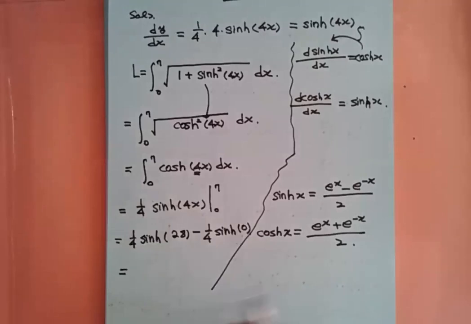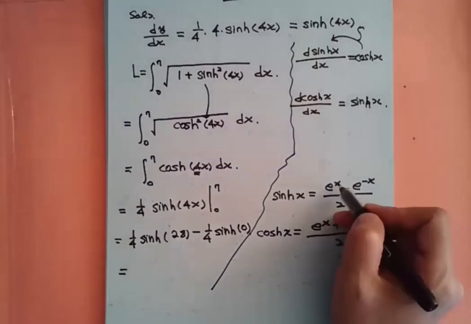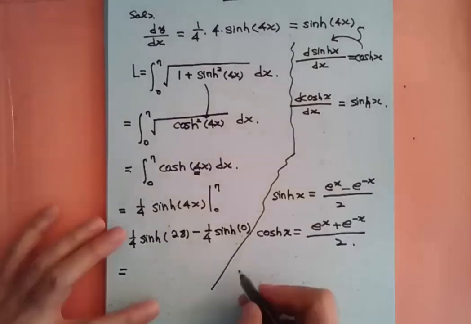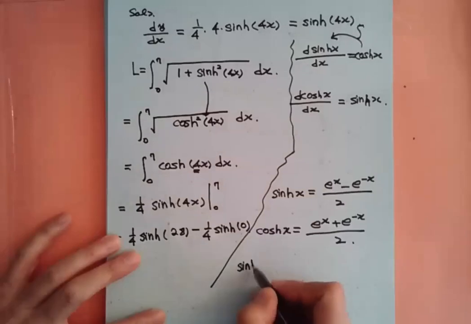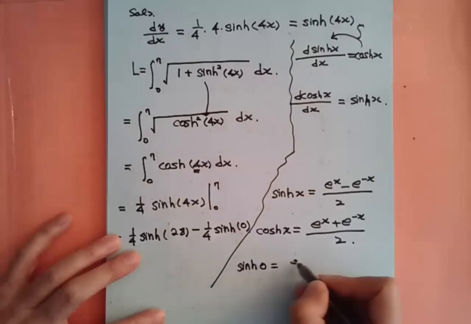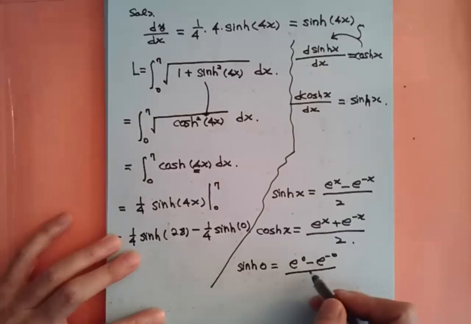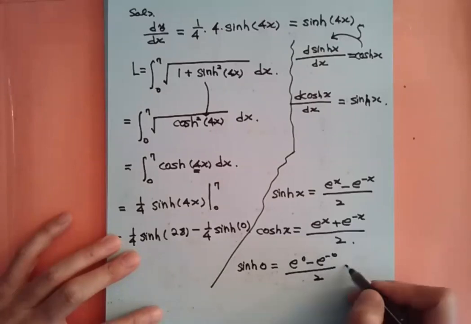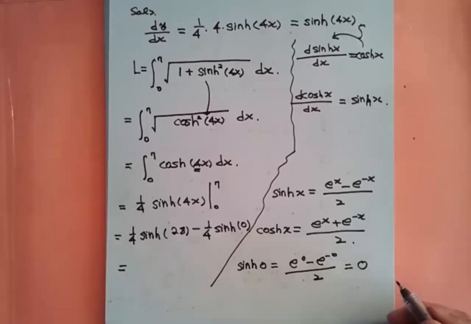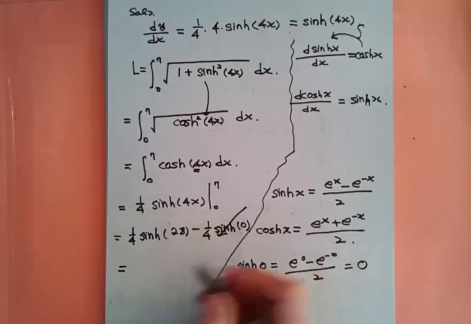Let's plug in 0 here. So hyperbolic sine of 0 equals e to the 0 minus e to the minus 0 over 2. Both are the same number because those are 0 power. So 1 minus 1 will make 0. So the entire fraction becomes 0. So this one vanishes.